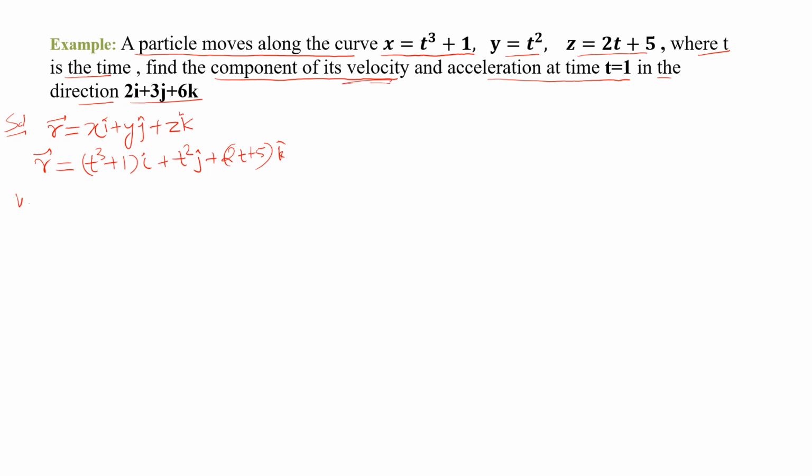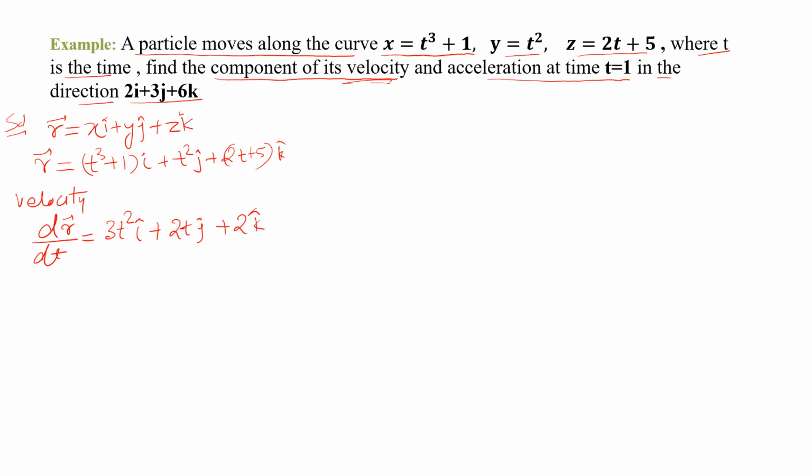Now we have to find the velocity. First we find the velocity. The velocity is the derivative of r with respect to t. So we get 3t square i plus 2t j plus 2k.